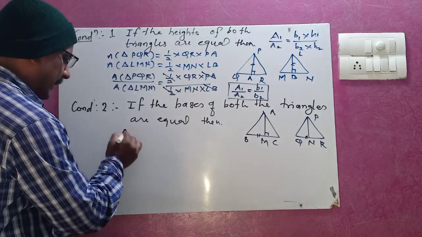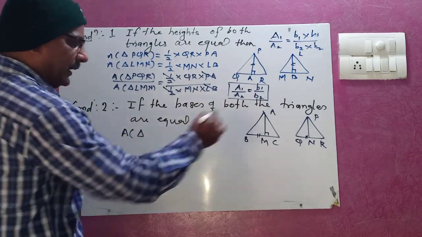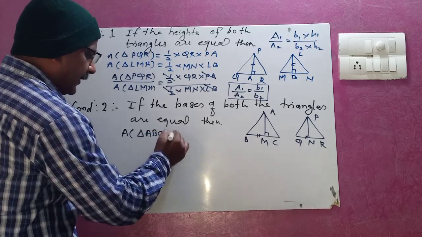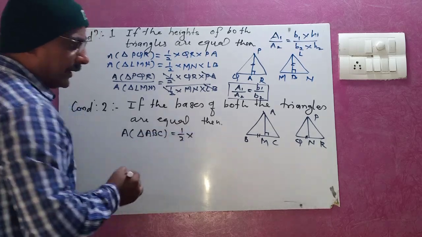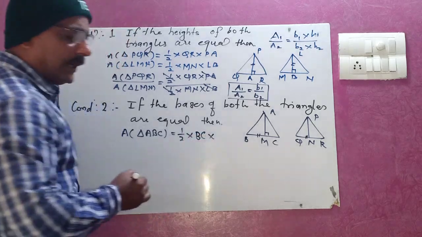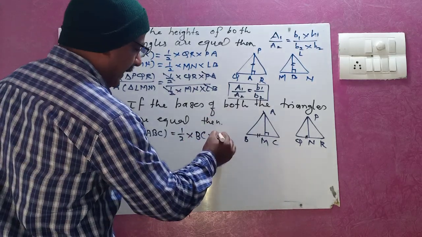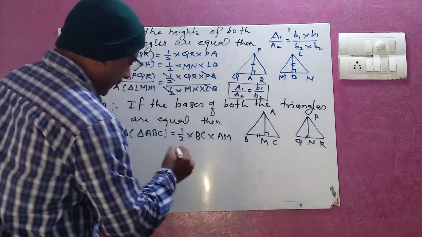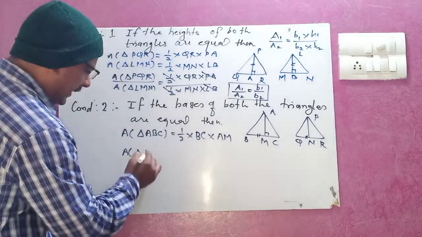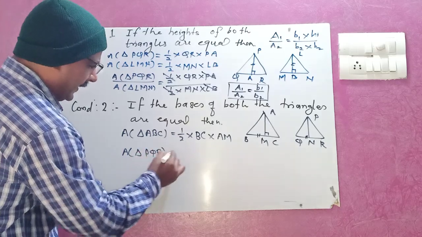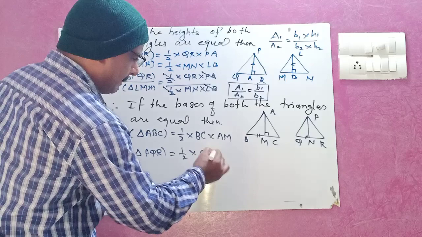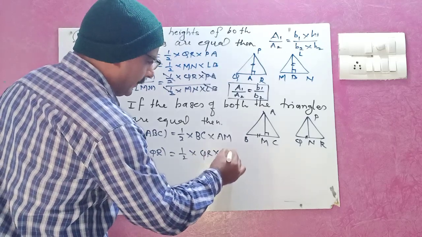So, first, area of triangle ABC is equal to half into base, it is BC, into height, that is AM, and area of triangle PQR is half into base QR, height PN.